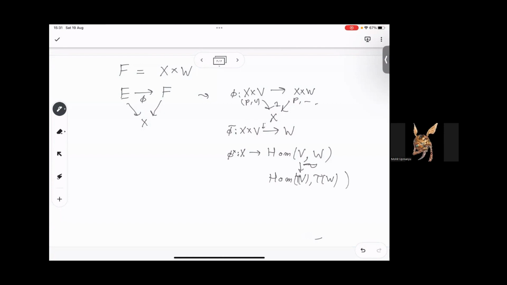We can now backtrack all of what we just did, these steps, but with TV and TW, to get a function from this to X cross TW. And this will be called T phi. So in this way, we have extended the functor at least to the trivial bundles, right?